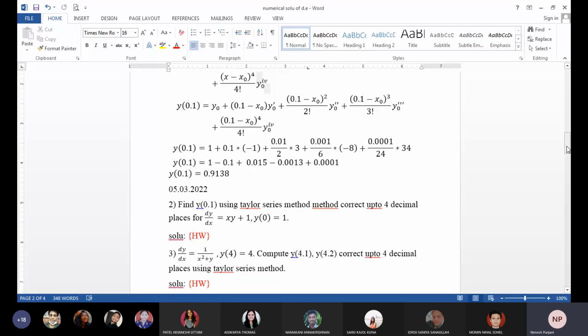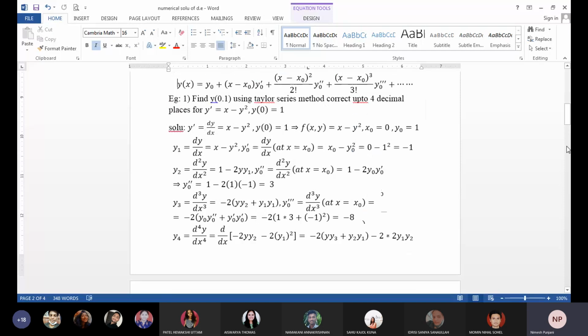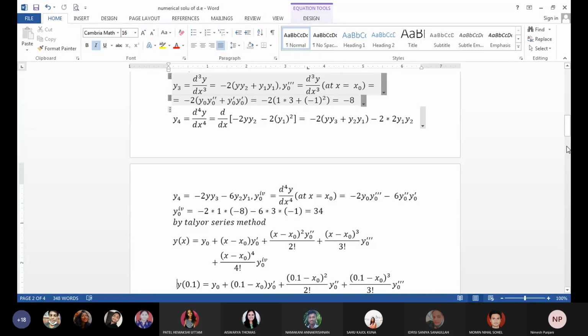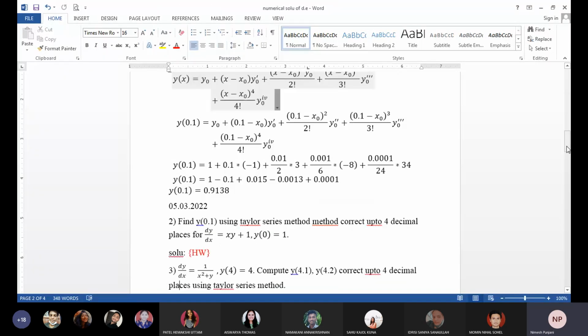Is this fine? So this is how we calculate y of 0.1 using the Taylor series method, correct up to 4 decimal places. Is it okay? This sum is fine?